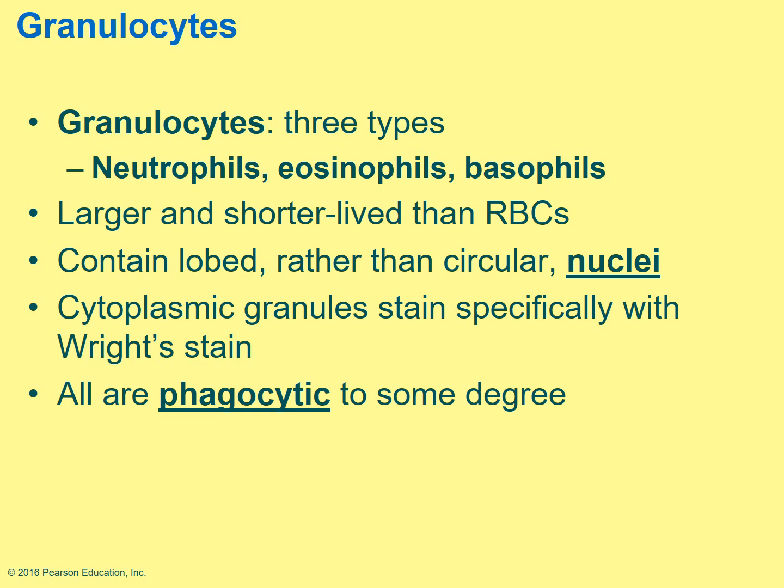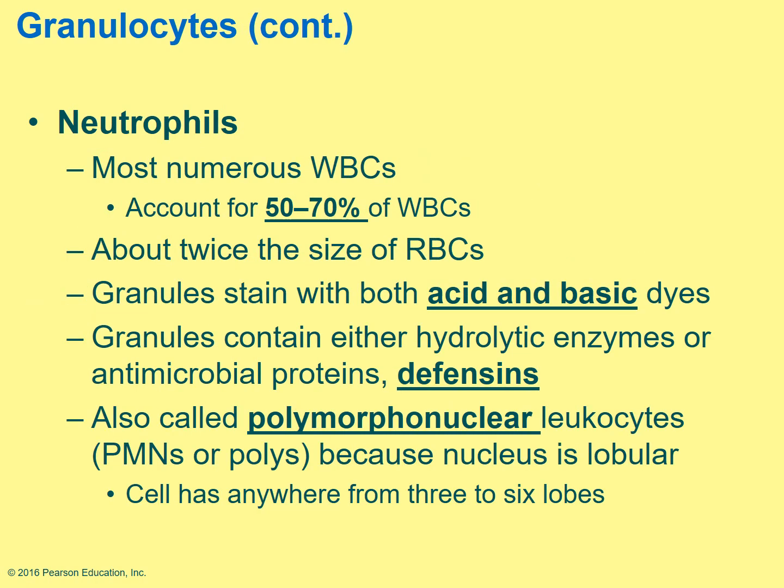They're not the circular nucleus that you're probably familiar with. They're granulocytes, which means that when you do a stain, we use what's called a Wright stain, the granules will stain a particular color. All of these can carry out phagocytosis, some more than others.